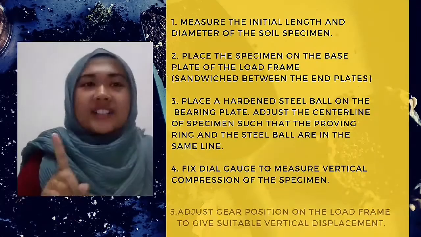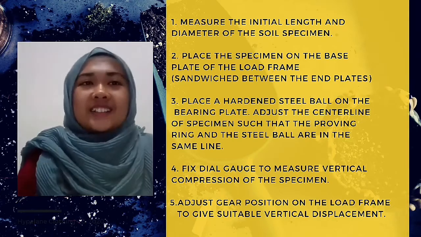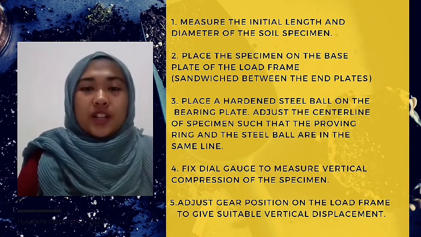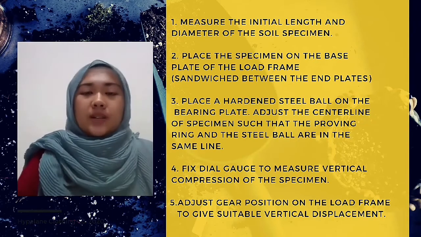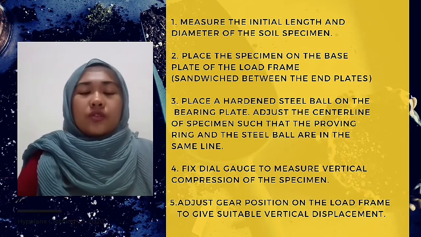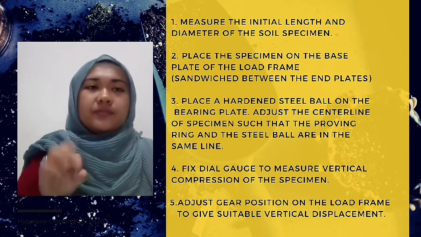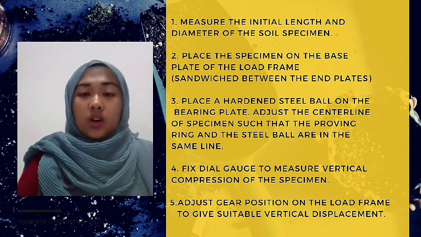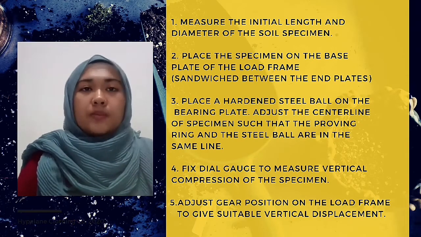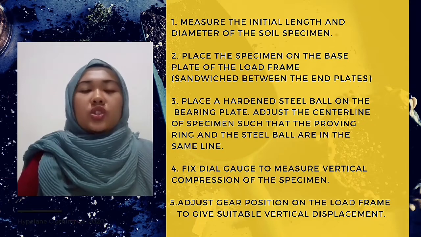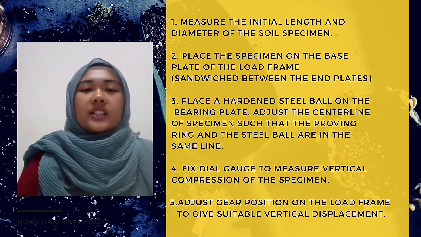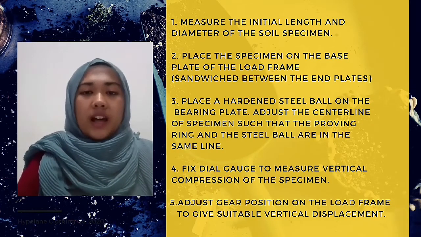For number 1, measure the initial length and diameter of the soil specimen. Number 2, place the specimen on the base plate of the load frame. Number 3, place a hardened steel ball on the bearing plate. Adjust the central line of specimen such that the proving ring and the steel ball are in the same line.